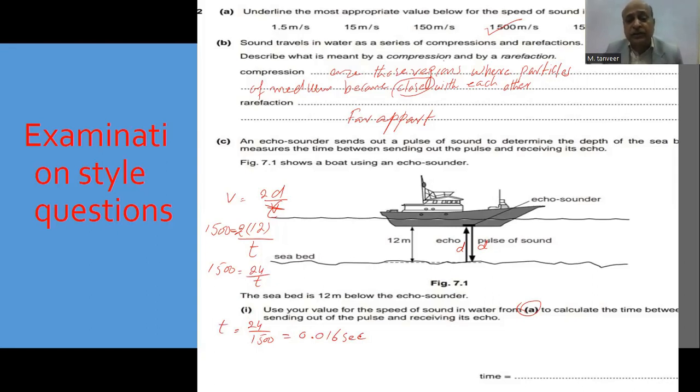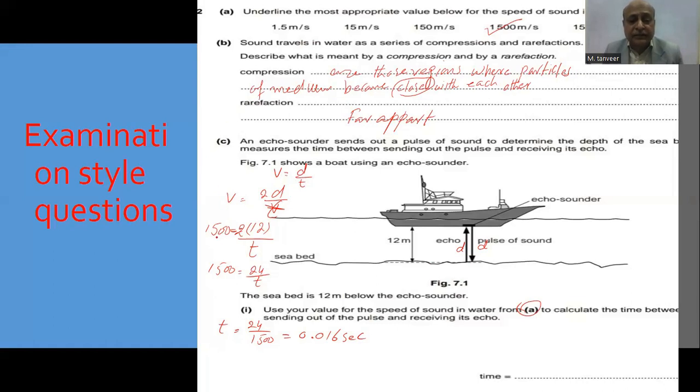So you will use the formula of velocity. Formula for velocity is V equal to D over T. But here we have used V equal to 2D over T. Why have we used 2D? Since one sound wave will go downward, then it will bounce back from the seabed, so distance will be taken double.